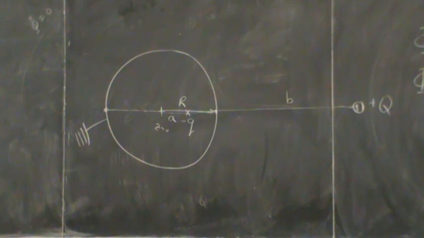I need another equation. Look, I have another equation: Q over absolute value of minus r minus b, plus q over absolute value of minus r minus a, is equal to 0. Second equation.